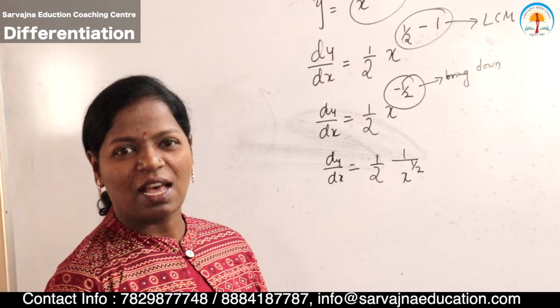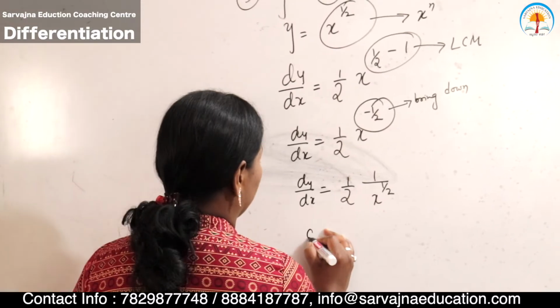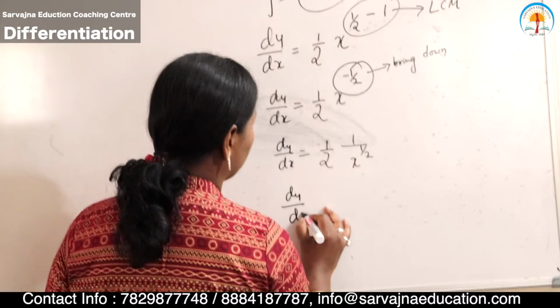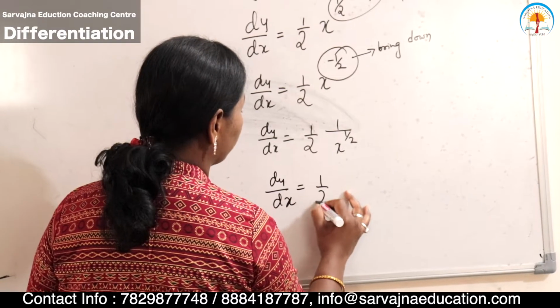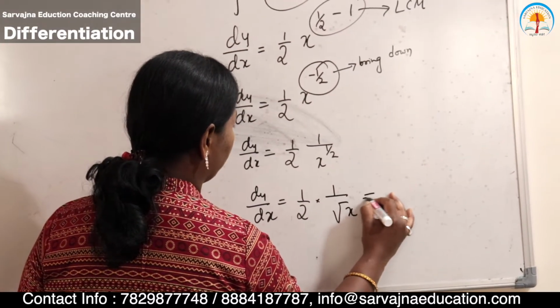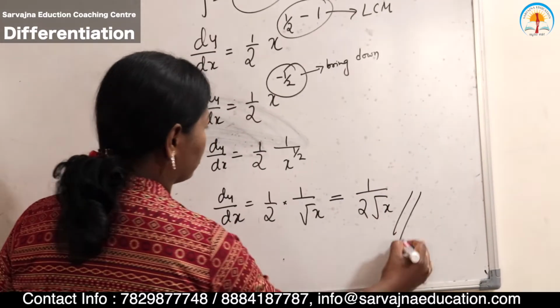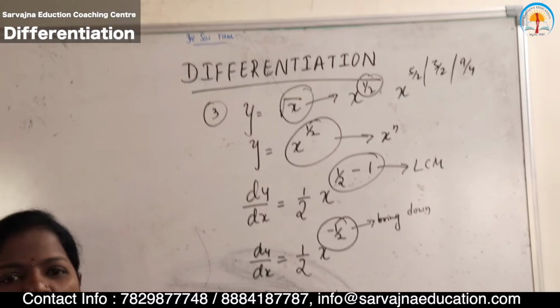Again, if the power is half, you can write it as root x. dy by dx is equal to 1 by 2 into 1 by root x. So the final answer is 1 by 2 root x.